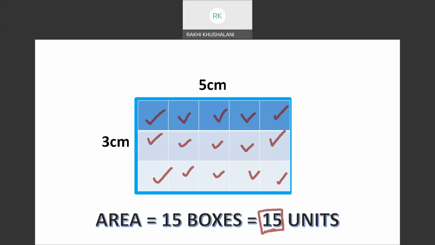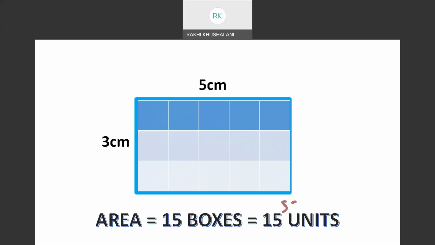We have to be very specific. 15 square units, because you're talking about squares. So I hope you are understanding this part. Don't worry, children. It's just an introduction to the topic, and of course, we will be doing it more thoroughly in a live session.